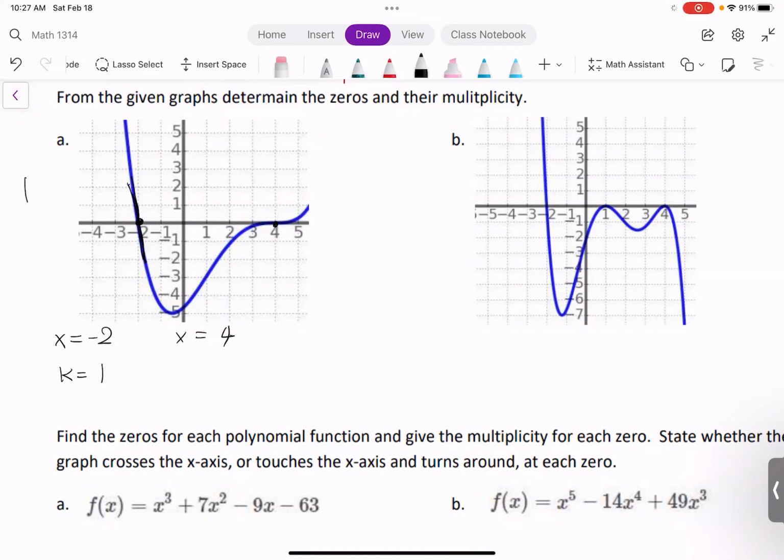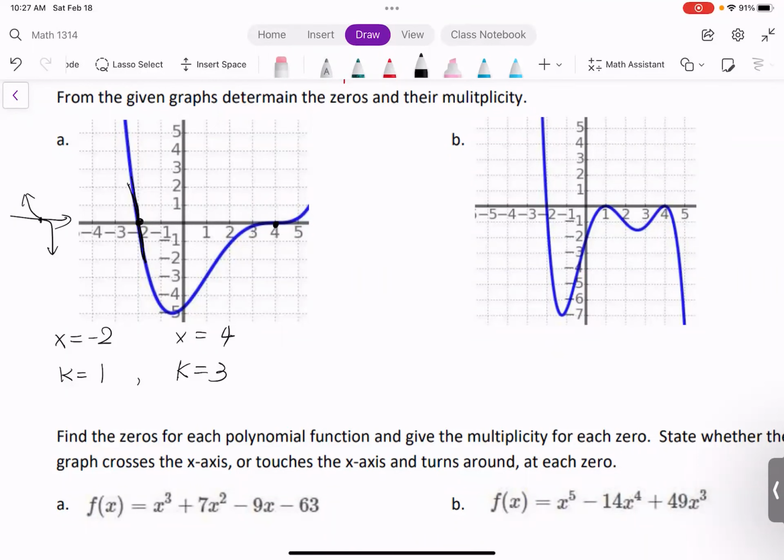If we have this here, okay, let me erase this. Yes, looks good. So we have this curve in, curve out. Maybe k is 3 or 5. And at x equals 4 here, curve in, curve out, so k equals 3.